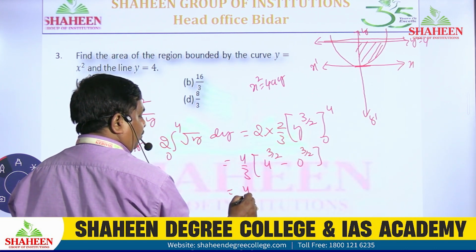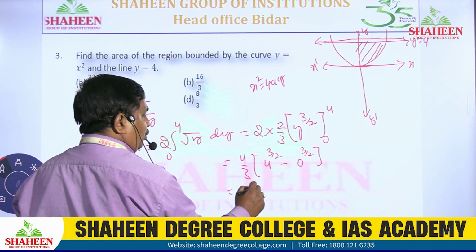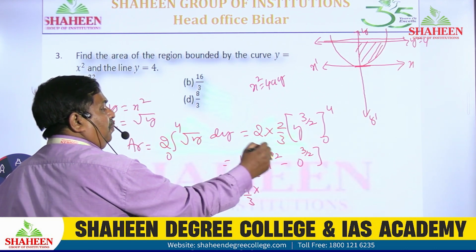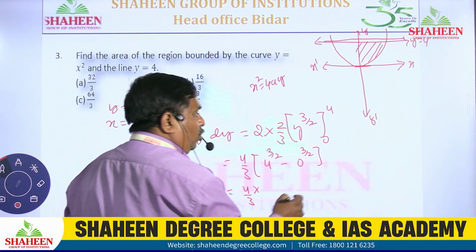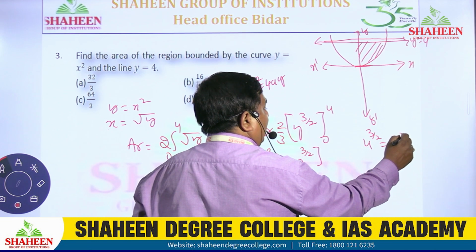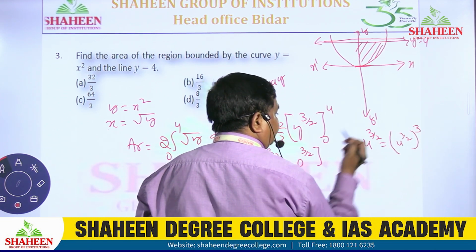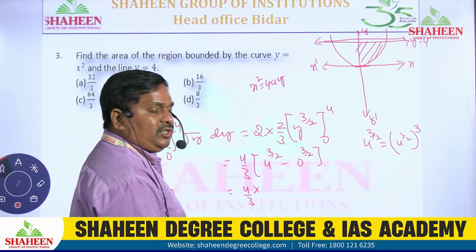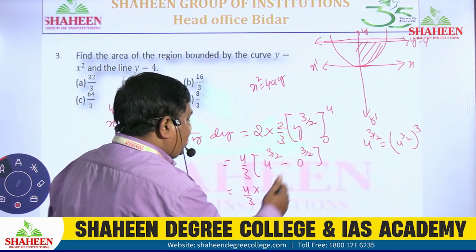This is equal to 4 by 3 into, we have 4 power 3 by 2. 4 power 3 by 2 can be written as 4 power 1 by 2 whole cube. And 4 power 1 by 2 is the square root. What is root 4? 2. And 2 cube is 8.